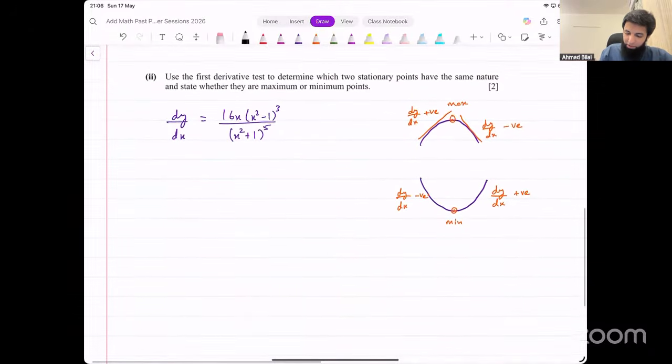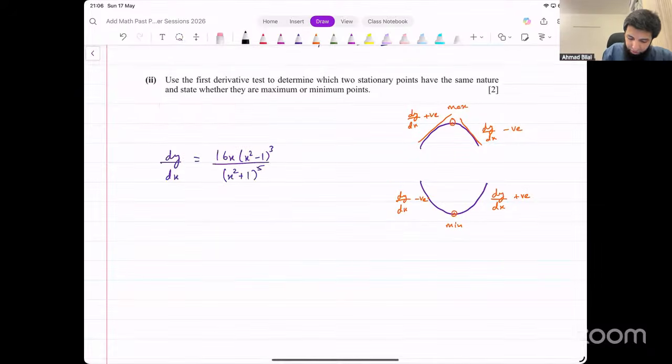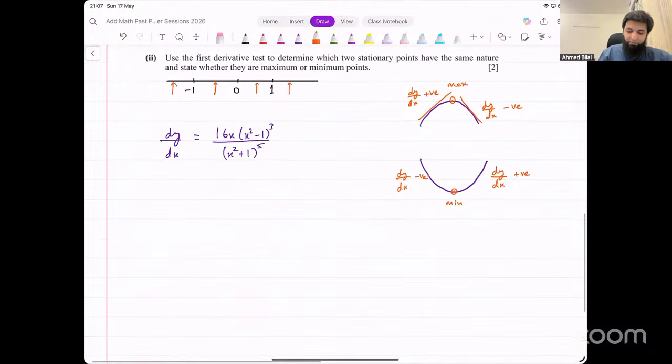So we have 3 points. Let's write them down like this. I'm just going to show them on a number line. There's a turning point at -1, there's a turning point at 0, there's a turning point at 1. So we will need to use a value here, maybe a value here, a value here, a value here. Okay, let's try some values.